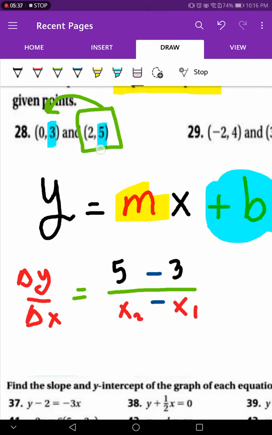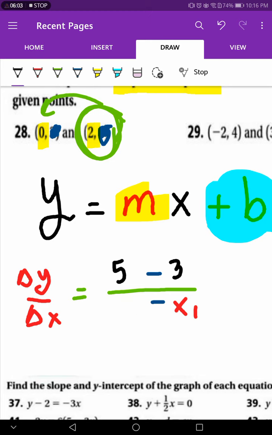And we are done with this. Now the x's, and remember we move from this side to this side, so this side comes first. So 2 minus 0, x2 is 2 minus 0.